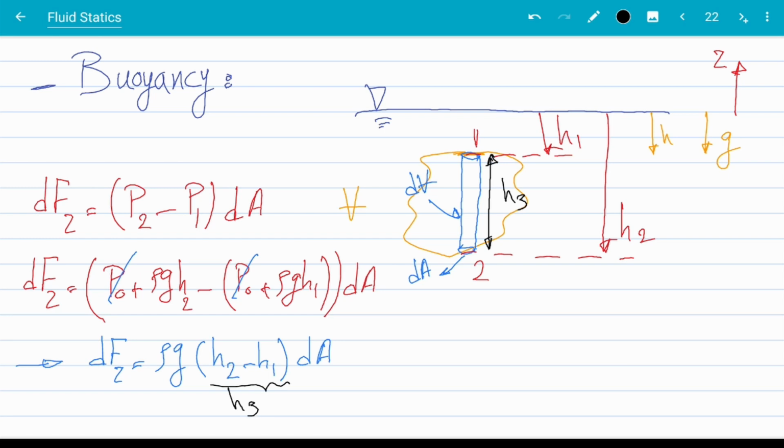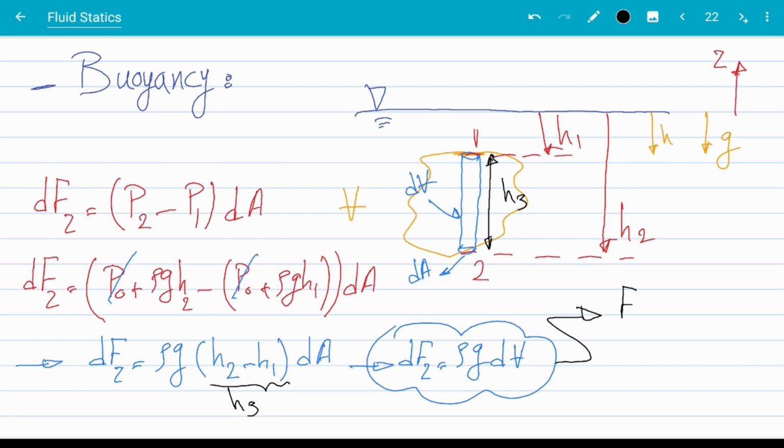Now, height of the element times the cross-section of the element is the volume of the element. So I get that dFz is rho g dV. Of course, you can make the integral over the volume of this orange blob, and you get that Fz is equal to rho g V.